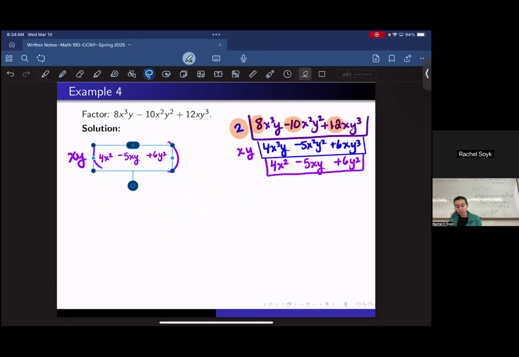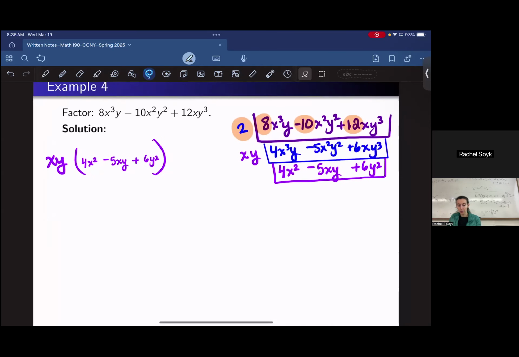And then it's a very similar situation to that first example, but we need to run through it to make sure that our trinomial is not prime. So let's once again utilize our whole AC method. What's our product of our A and our C? 4 times 6y squared gives us 24y squared.